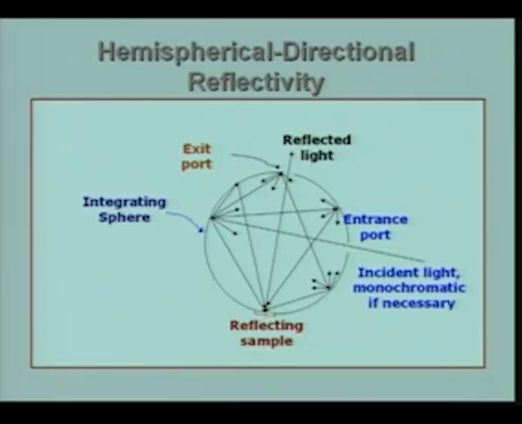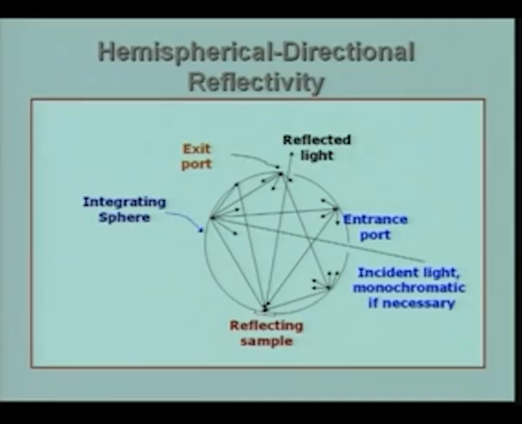Okay. So, now suppose I look at the radiation reflected from this sample by making another hole here and allowing some radiation to escape. So, I will be able to measure the hemispherical direction, that means that the surface is illuminated throughout the hemisphere.